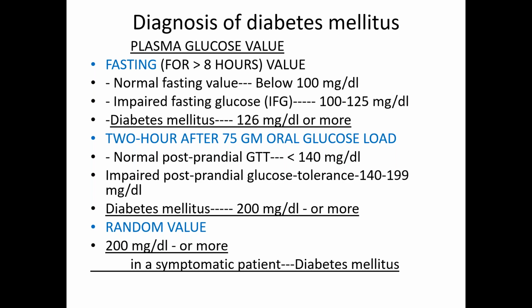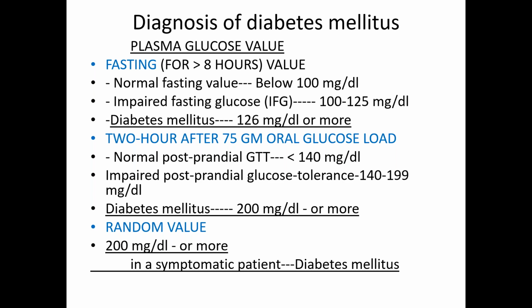After doing this, if the patient is diabetic, you need not go for the 2-hour oral glucose test. Only in case of impaired fasting glucose levels of 100 to 125 milligrams do you have to go for the next test, that is the 2-hour test.